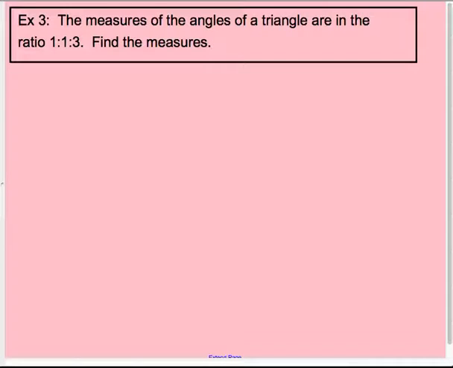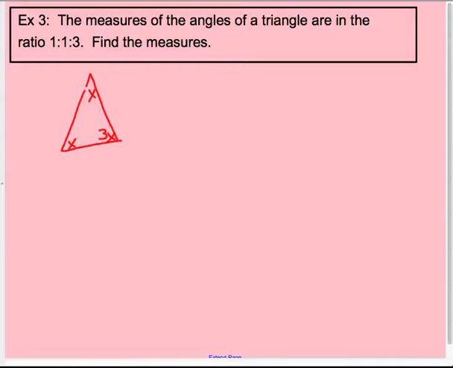Now we're going to look at some word problems, specifically looking at the angles in a triangle. So if we know the ratio of the angles is 1 to 1 to 3, let's draw out this triangle here. We've got one angle, we don't know what it is, so we'll call it X. There's another angle that's in a 1 to 1 ratio, meaning it's the same value. The third angle is in a 3 to 1 ratio, or 3x.